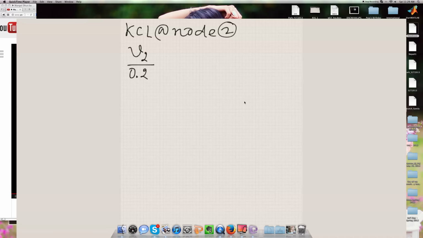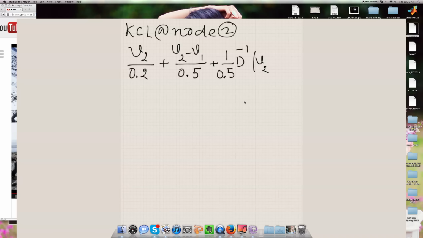Onto the left, V sub 2 minus V sub 1 divided by 0.5 ohm. And onto the right, towards node number 3, we have an inductance. So we need 1 over L, which is 1 over 0.5, since 0.5 is the inductance. And we have D minus 1, the voltage drop is V2 minus V3, equals 0.